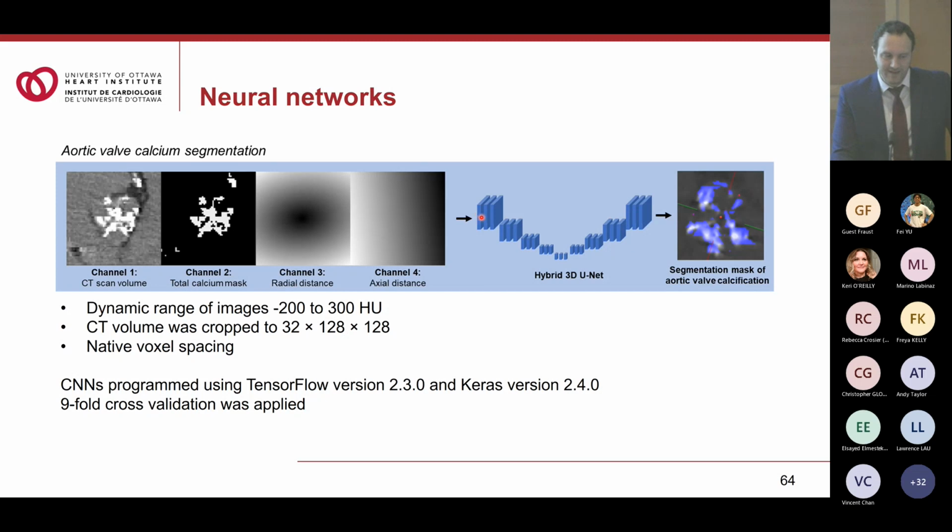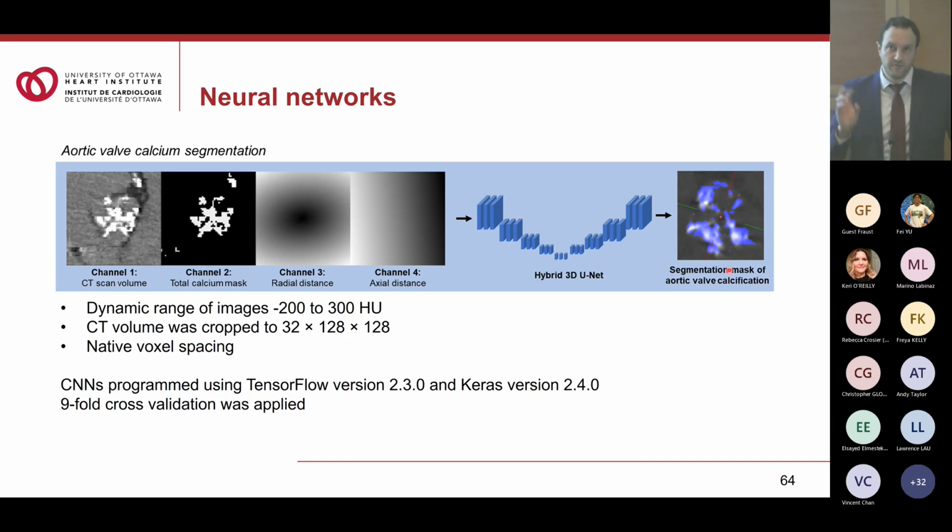You have an encoder phase followed by a decoder phase. And then what you output at the end is a mask of the calcification. So basically an image where 0 means the pixel is not part of the valve calcium, and 1 means it is part of the aortic valve calcium.